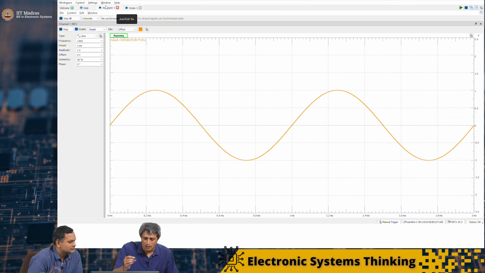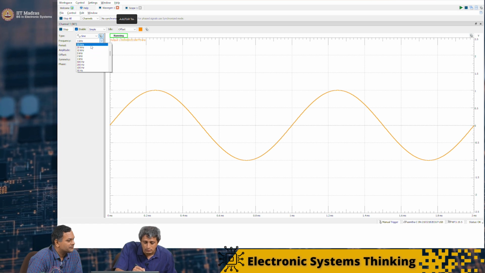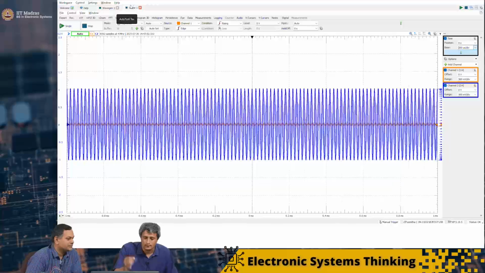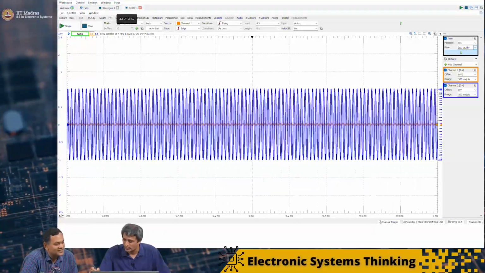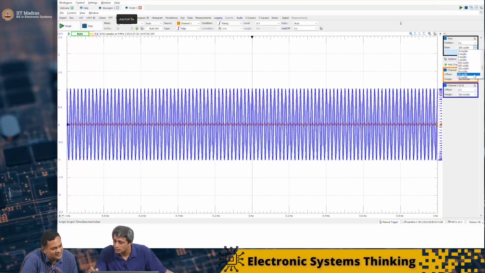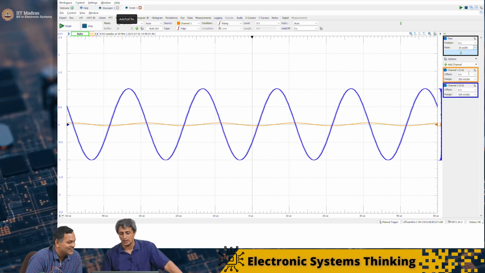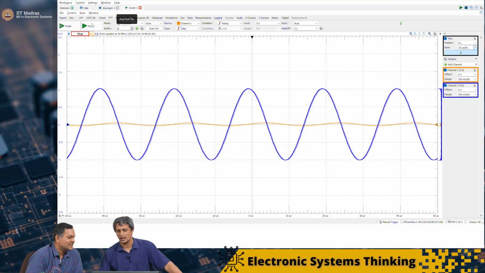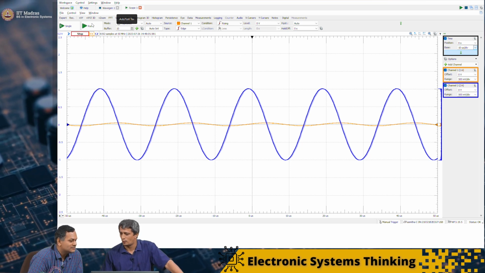And finally, let's go all the way to 100 kilohertz, or maybe 50 kilohertz. Wow, this is very interesting. The input is swinging plus minus 1 volt all the way.